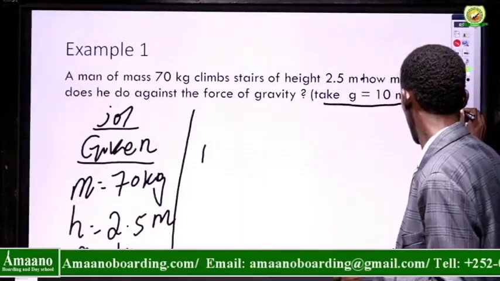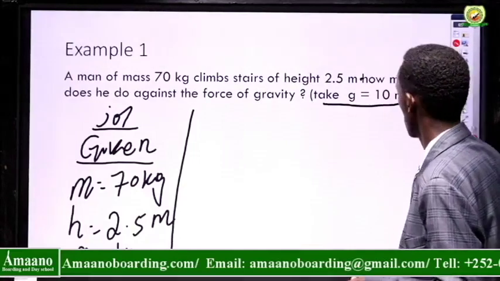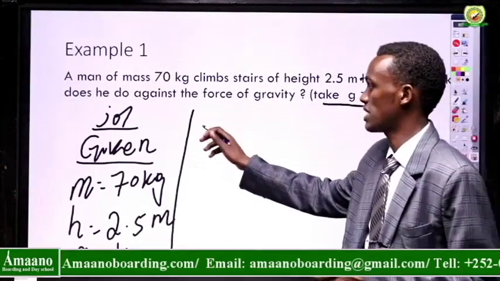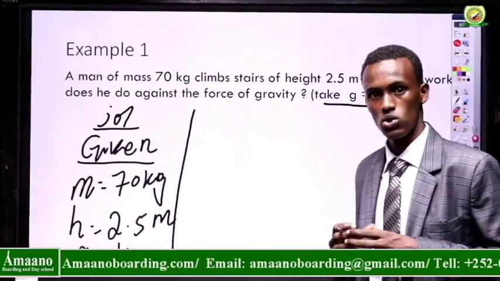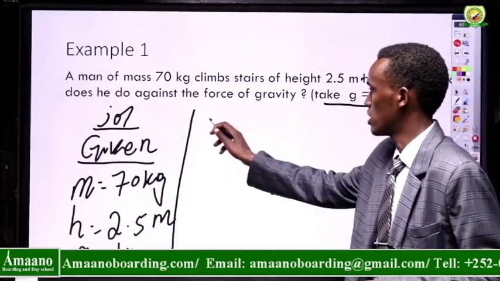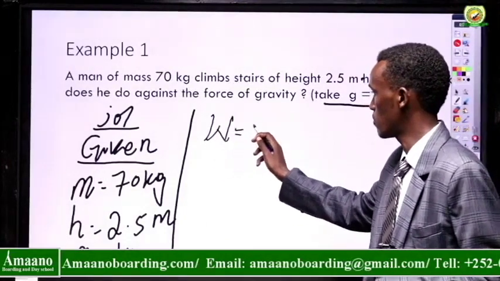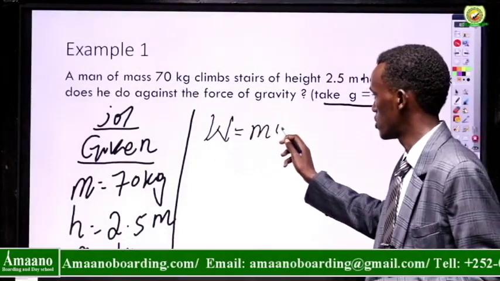Therefore, work done by the gravity. Calculate the work done. So this is the work done by the force of gravity. Therefore, work done by the force of gravity can be found by mgh.